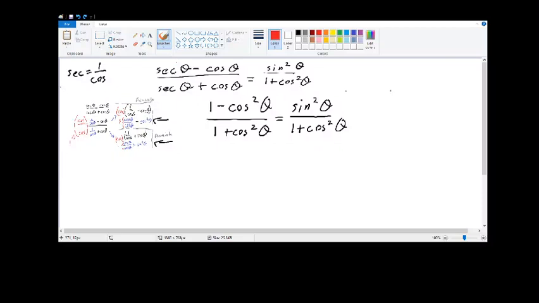If we look at both of these sections, the numerator is 1 minus cosine squared theta on the left, and on the right we have sine squared theta. Nothing in common there, but if we take a look at the denominators, we have a 1 plus cosine squared and a 1 plus cosine squared, meaning that they have the same denominator. That's half of our equation down of what we need to set equal.